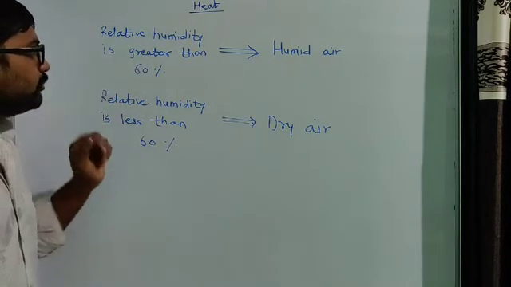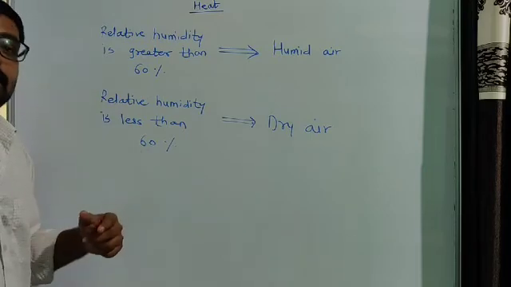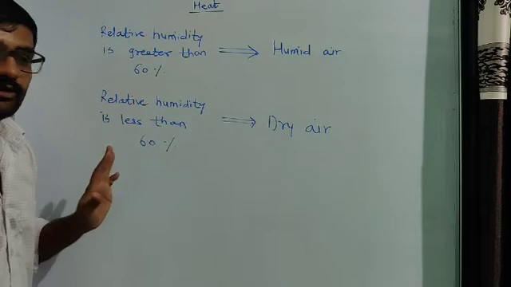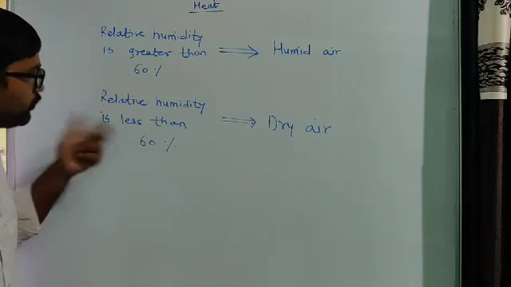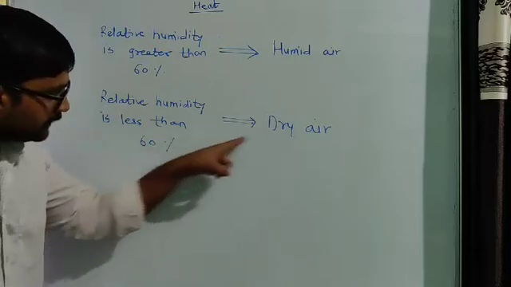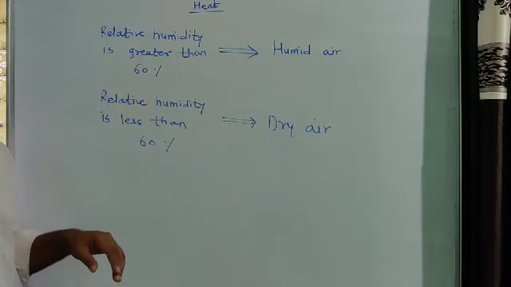If the relative humidity is greater than 60%, then that air is called humid air, and if the relative humidity is less than 60%, then that air is called dry air.